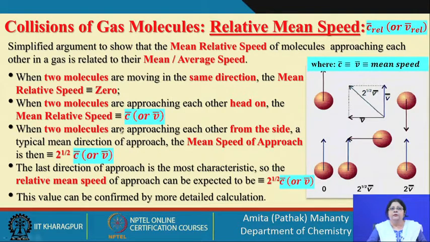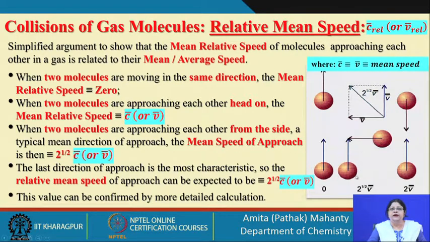Now, suppose the molecules are approaching from any particular direction, because we know they are randomly distributed and moving randomly. To find the mean relative speed of approach, we use more or less the Pythagoras theorem. This side is approaching with velocity v, this side is also approaching with velocity v.